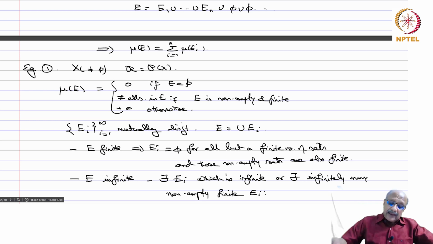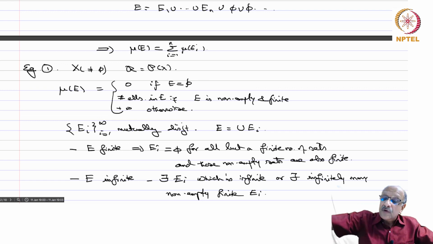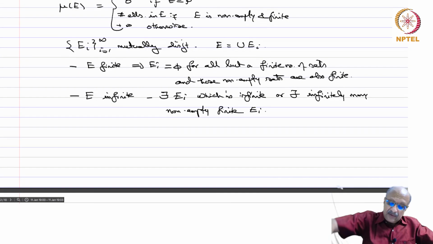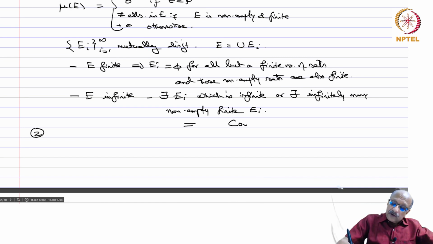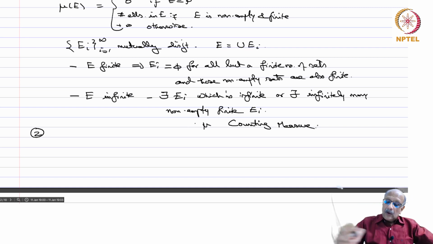In either case, if you take the sum on one side and the other, both sides will be infinity, and therefore the countable additivity is established. Okay, so this is called the counting measure.